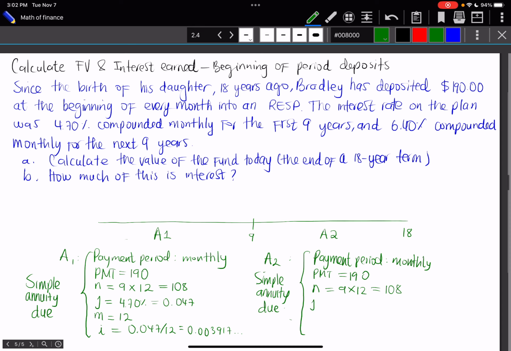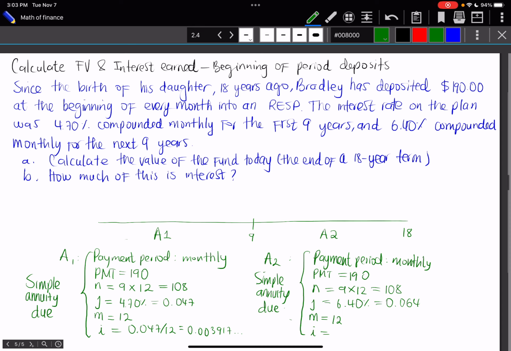But here the nominal interest rate is different. We have 6.4%, or same thing, 0.064. Here the compounding frequency is 12 because interest is compounded monthly.